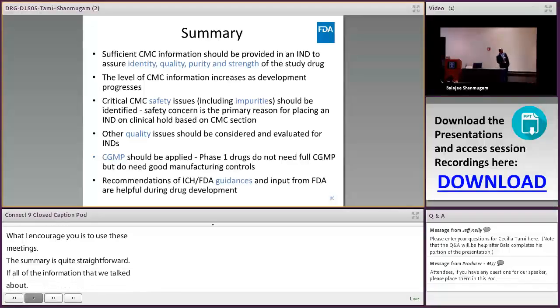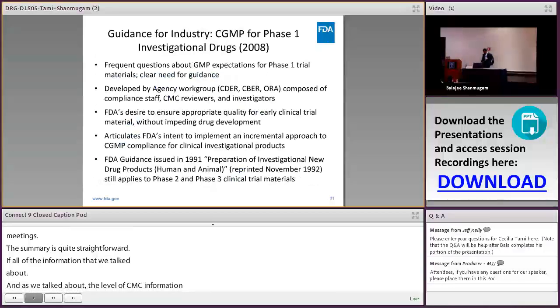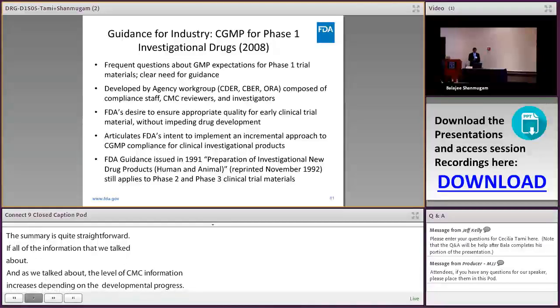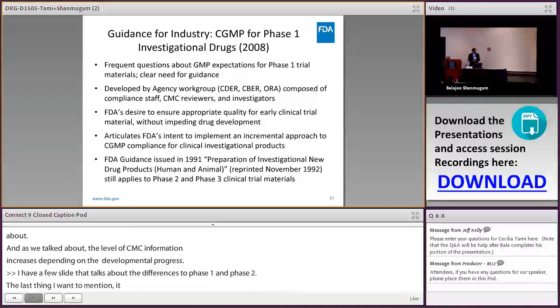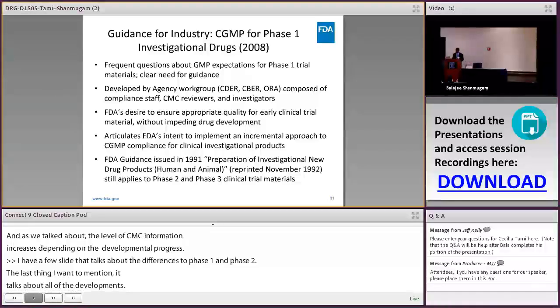I have a few slides with some references to phase 1 and phase 2, and the one last thing I want to mention is go back to Q8, because it talks about all the developmental elements in the pharmaceutical development section. It's a great read. There's a lot of information that I think will be very beneficial if you can look at it. I thank you for your time, and I wish you well in your development programs. Thank you.